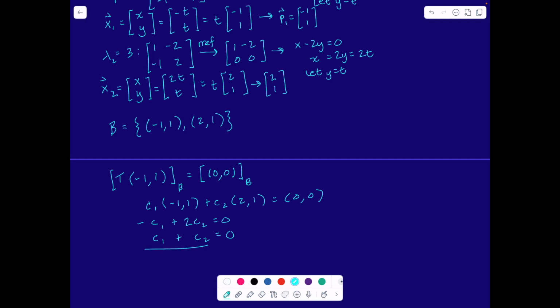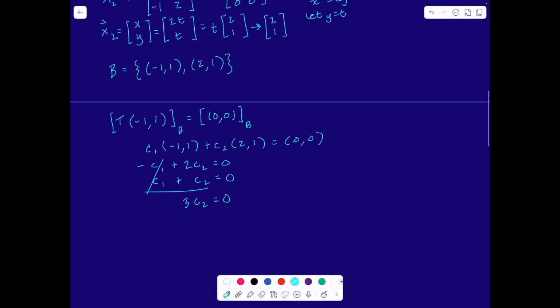If I added those, I would get 3C2 is 0. So C2 is 0, and if C2 is 0, then C1 will also be 0.